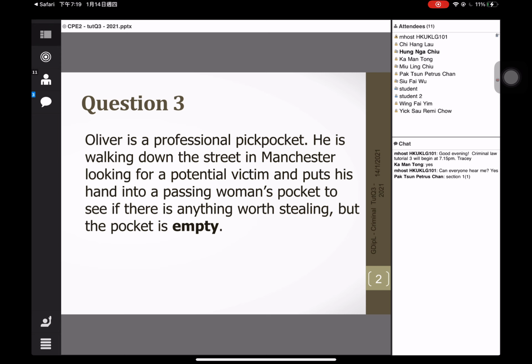Okay, and then there are sections 2 to 6 which elaborate on the 5 elements of theft: dishonest appropriation, property belonging to another, intention to permanently deprive. So dishonesty would be section 2, appropriation section 3, property section 4, belonging to another section 5, and intention to permanently deprive section 6. So section 7 is the penalty section.